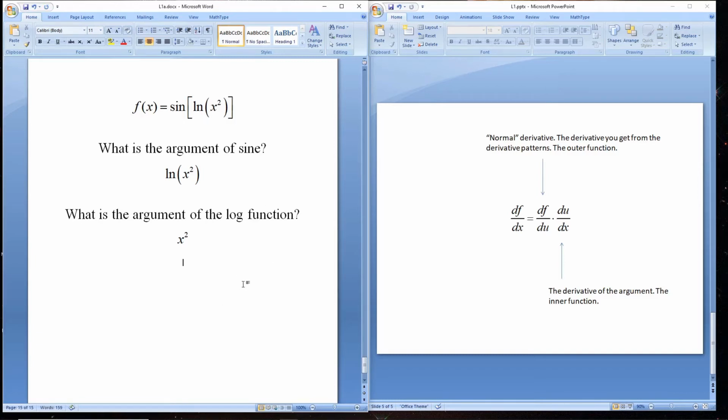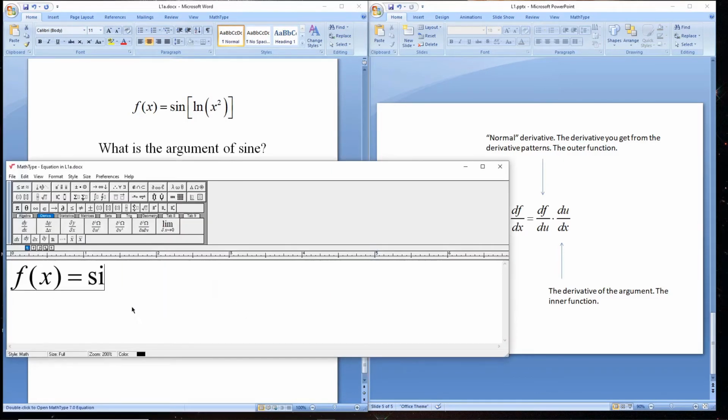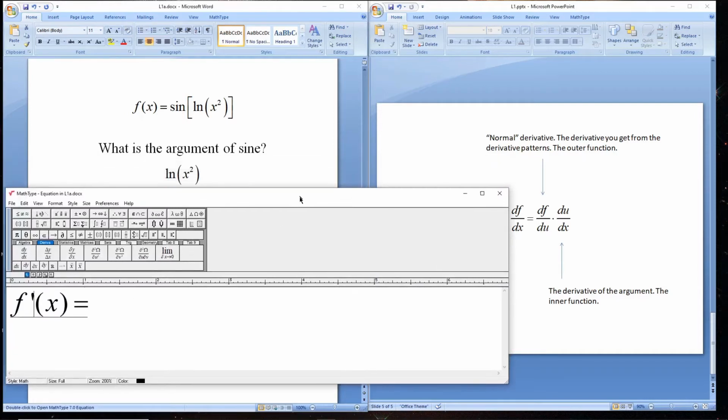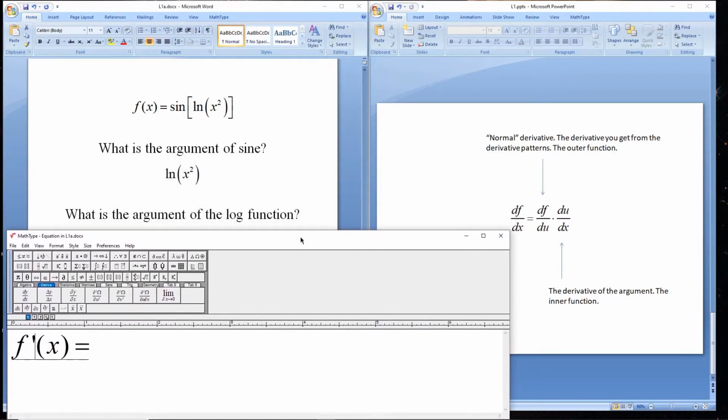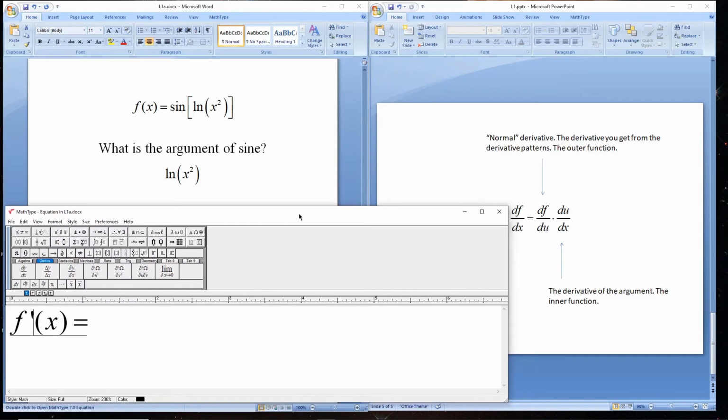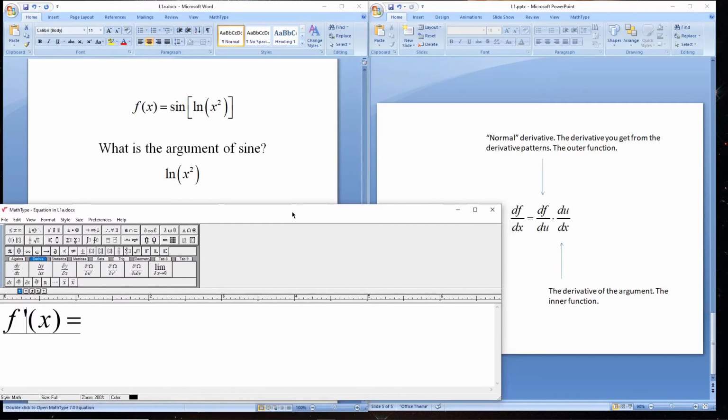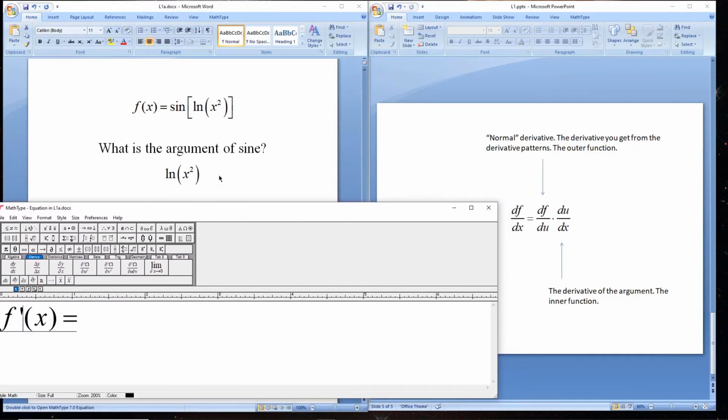So let's check out this derivative. This is a double chain rule. So we'll use the chain rule twice. And the first thing we do is identify the outer function. The outer function is sine.